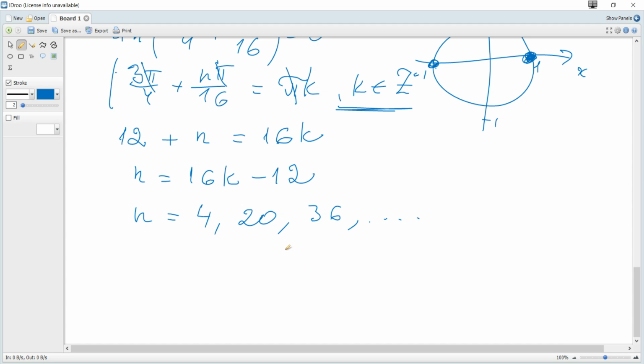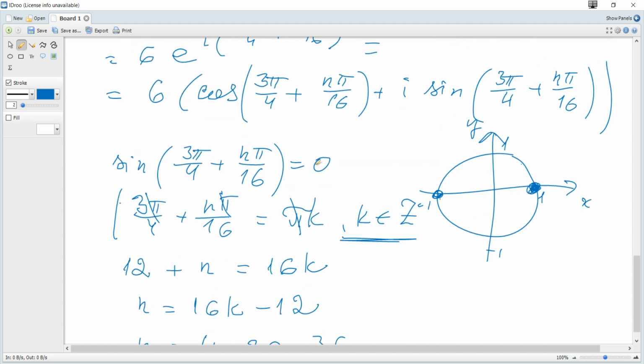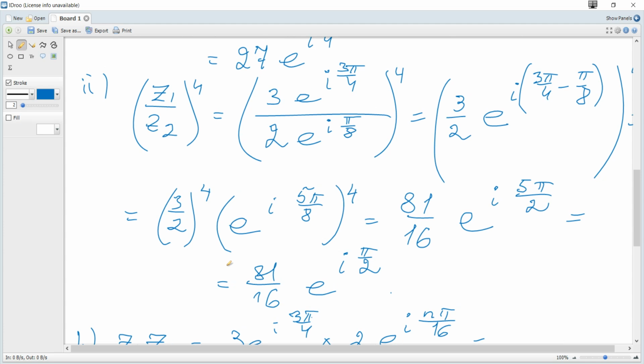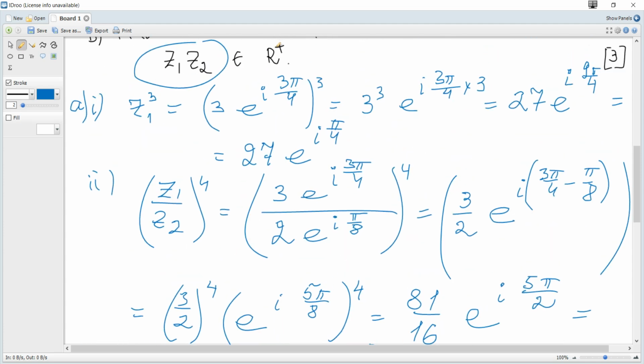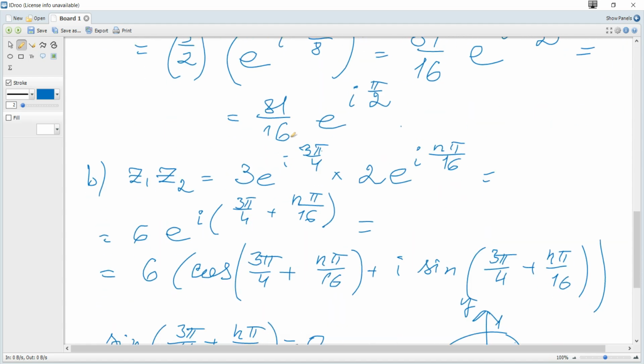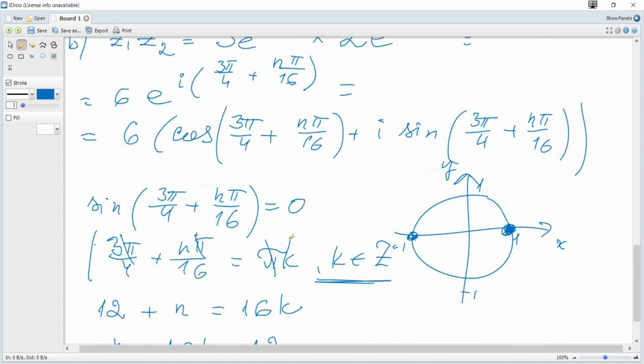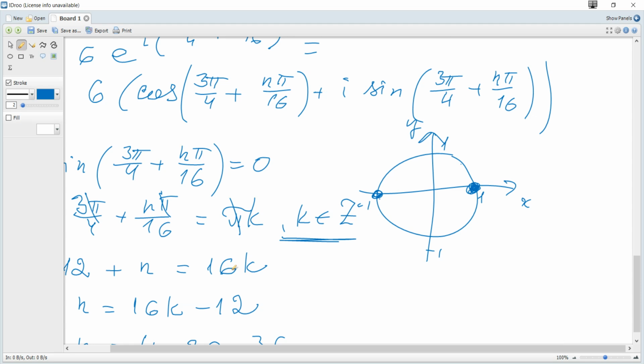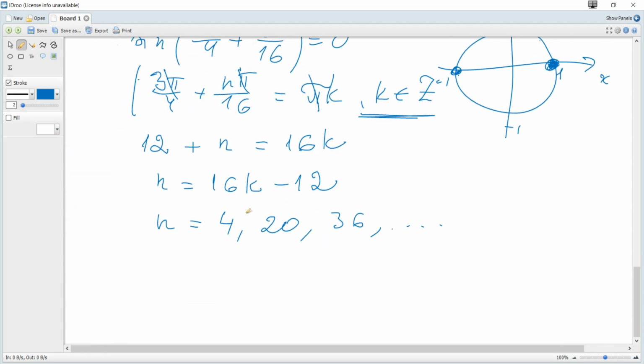Why? Because if the question were just real, without this plus, just to be real like this, the answer would be 4. For n is 4, this product will be real, because sine becomes 0, and it will be some value without i.